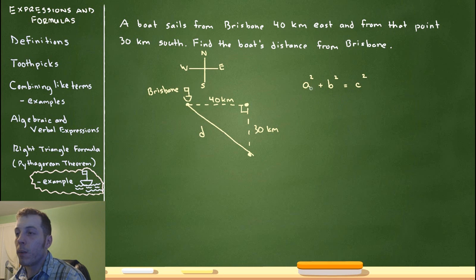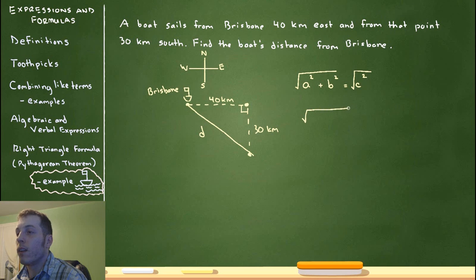Now, we did not talk about equation solving yet. So let me give this formula to you in a different manner. Okay. Now, we want to find the hypotenuse, not the hypotenuse squared. Okay. We just want the hypotenuse. So once we do some equation solving, you'll see that we can solve for c by taking the square root of both sides.